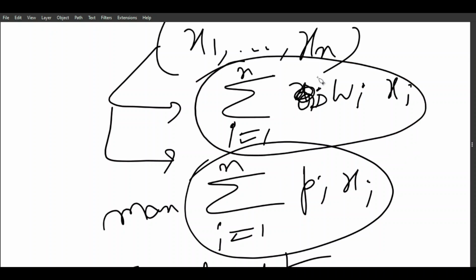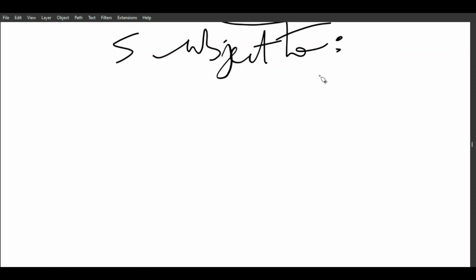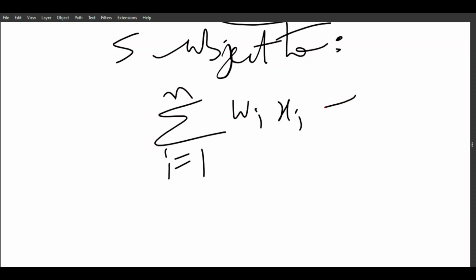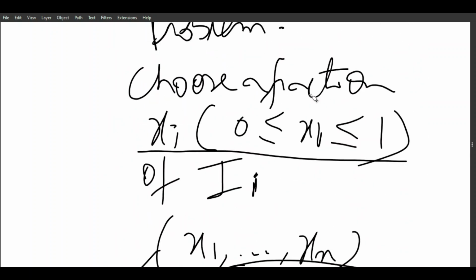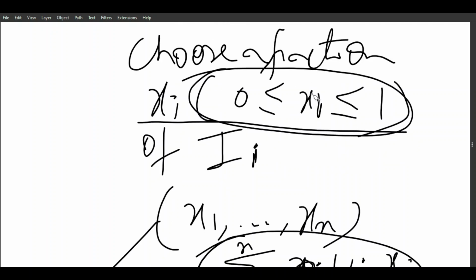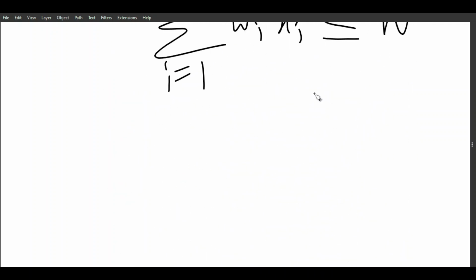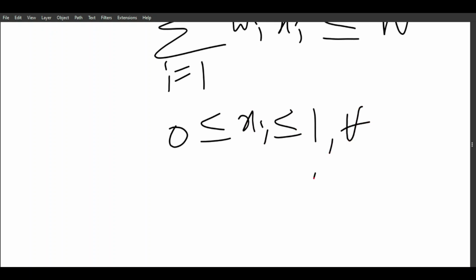So the collected weight should be at most capital W. We write this as the sum of i is 1 to n wi xi is at most capital W. And the other constraints are that the variables are fractions between 0 and 1. So we write this constraint also: xi lies between 0 and 1 for all i from 1 to n.